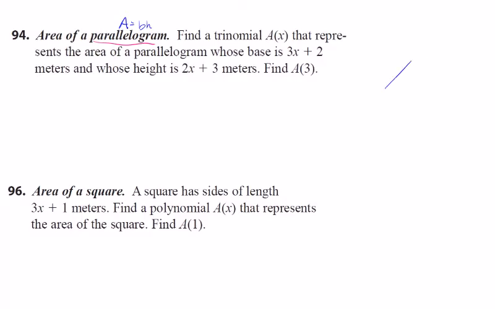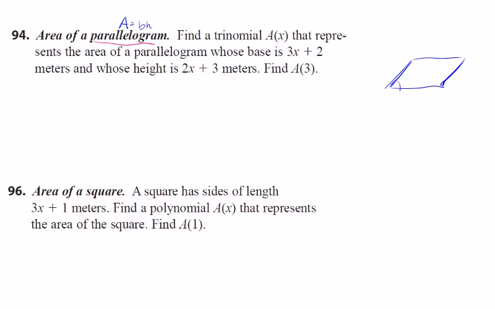So a parallelogram is where you have two pairs of parallel sides. These two are parallel, these two are parallel. But unlike a rectangle, a parallelogram doesn't have 4 equal angles. These angles are not all the same. In a rectangle, all the angles are equal. They're all 90 degrees.